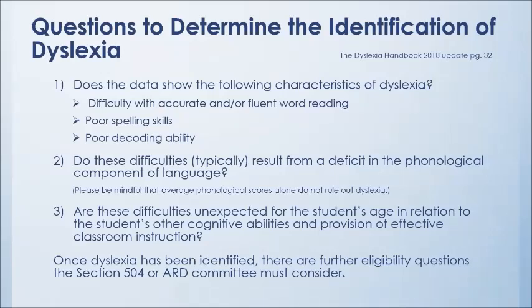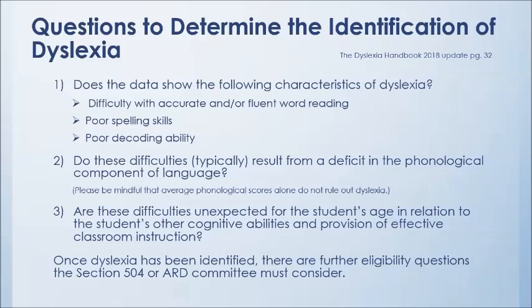Second question, do these difficulties result from a deficit in the phonological component of language? Please be mindful that average phonological scores alone do not rule out dyslexia. Once again, we have to consider the composite versus the narrows.